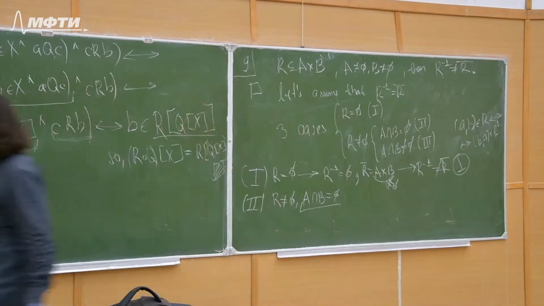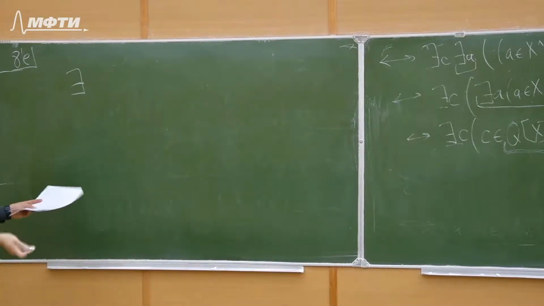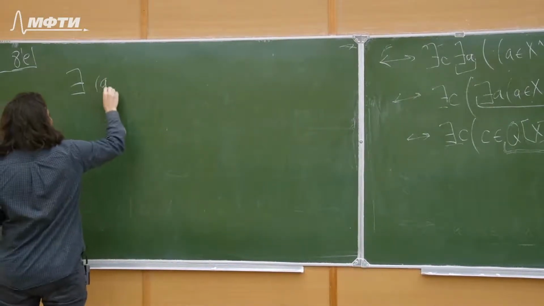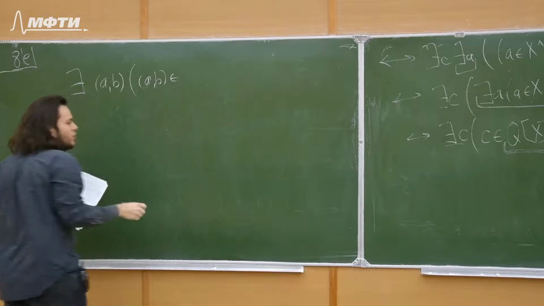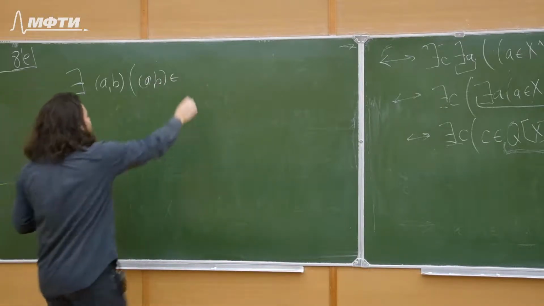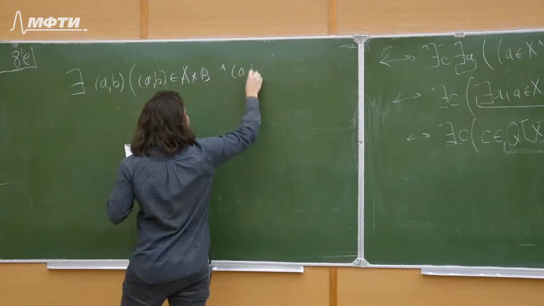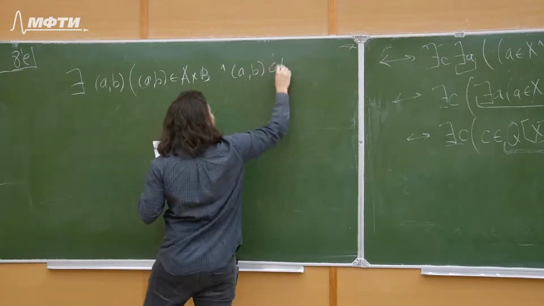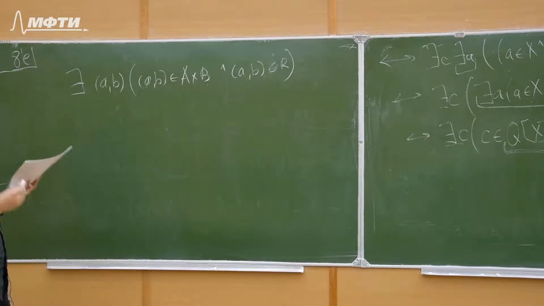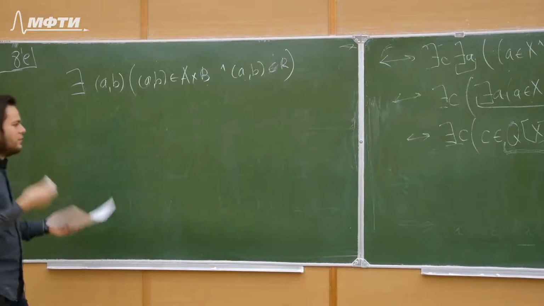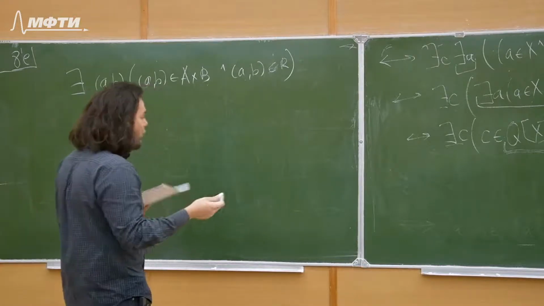So it means that there exists some element of R, some ordered pair AB, such that AB belongs to the Cartesian product of A and B, and AB is an element of R. This is true because R is non-empty, and A and B are non-empty as well. And R is a binary relation from A to B.